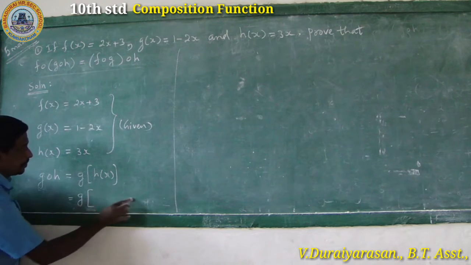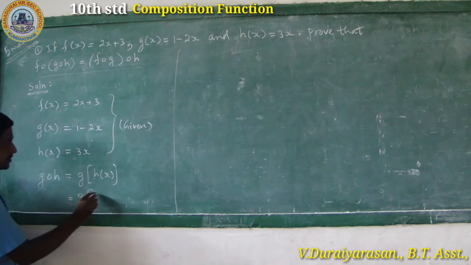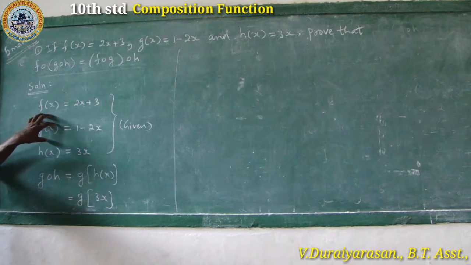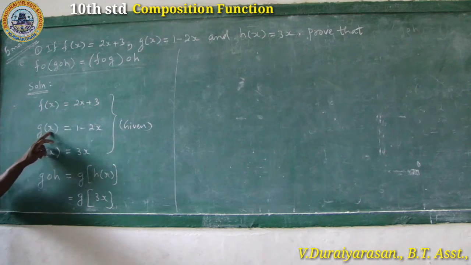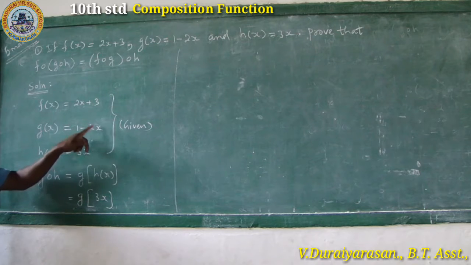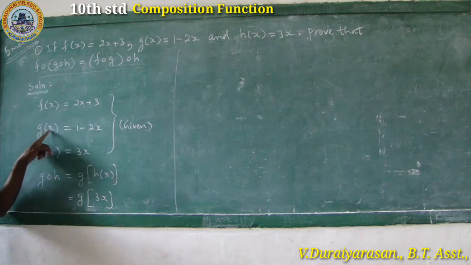g of, what is the value of h of x? 3x. How to define g of x? Only a function with respect to x: 1 minus multiplied by 2 in the given function.